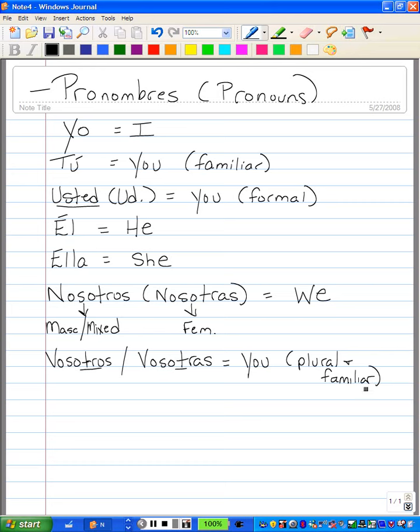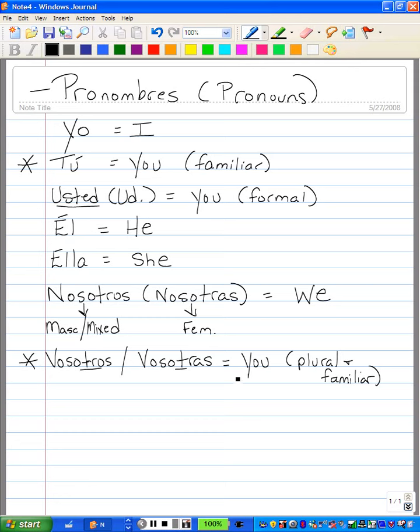You, plural, and familiar, meaning that you're familiar with all these people, you know them, they might be relatives, friends, neighbors, etc. And you're talking to more than one. This one right here, tú, is the singular when you're only talking to one person. Vosotros is the plural when you're talking to more than one.